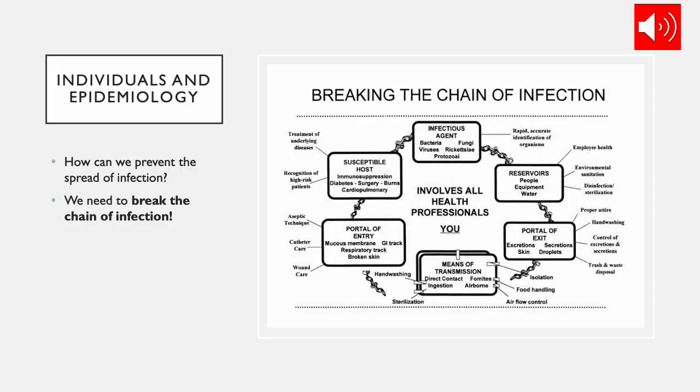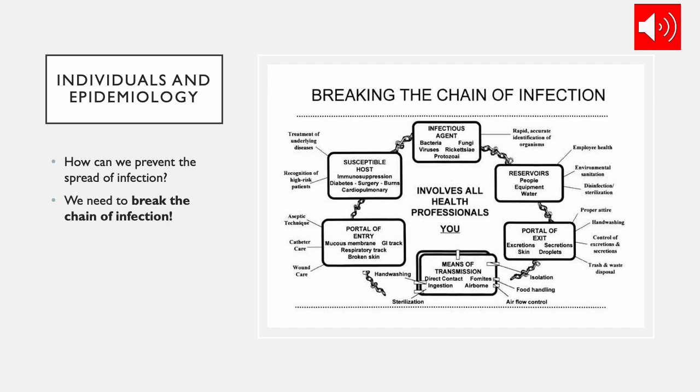Okay, so like I said, we're going to be talking about infection control and diagnostics. This slide gives you a good picture of how we can prevent the spread of infection, and epidemiology focuses on where we can break the chain of infection.